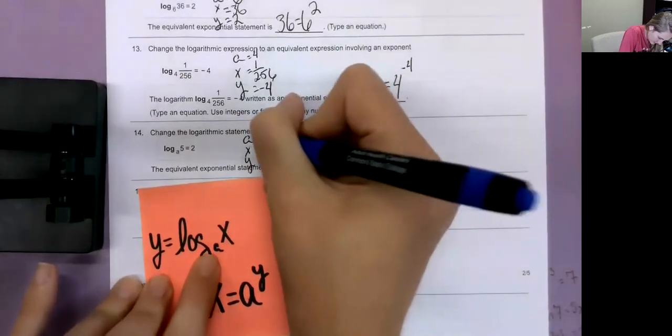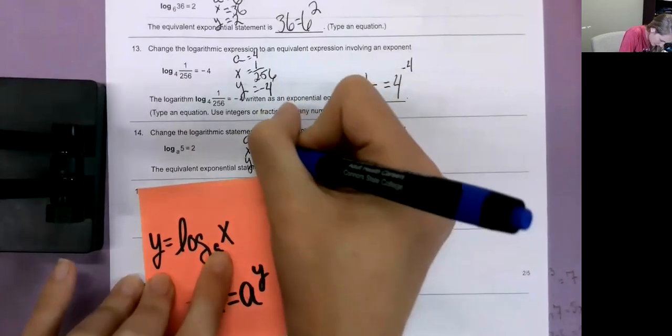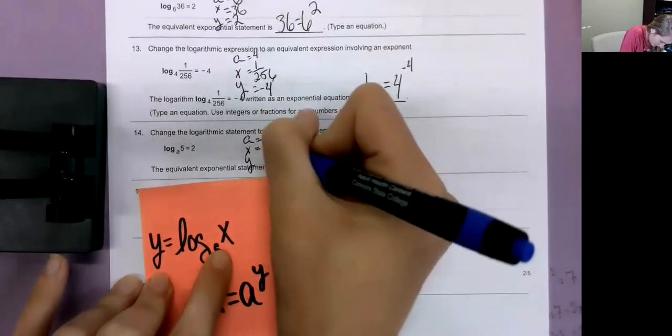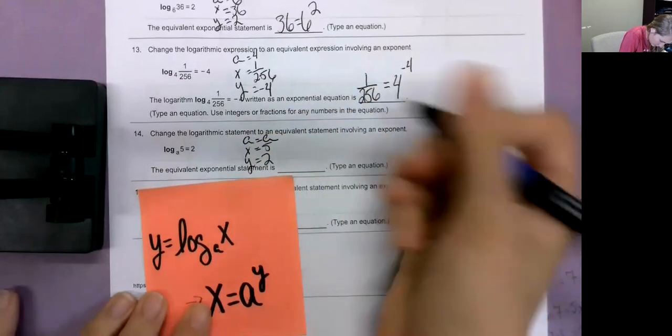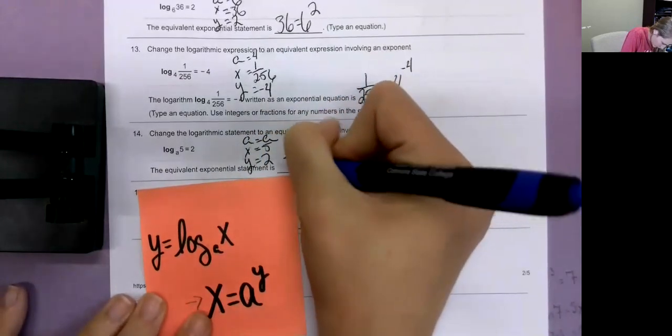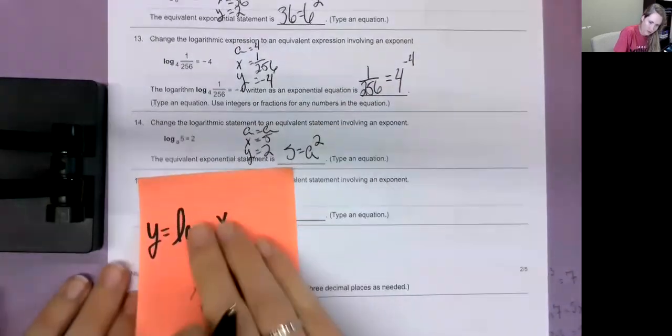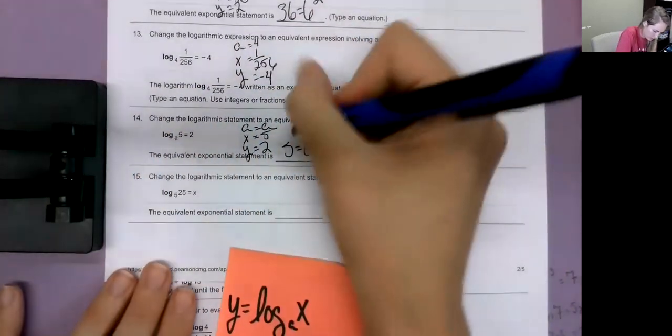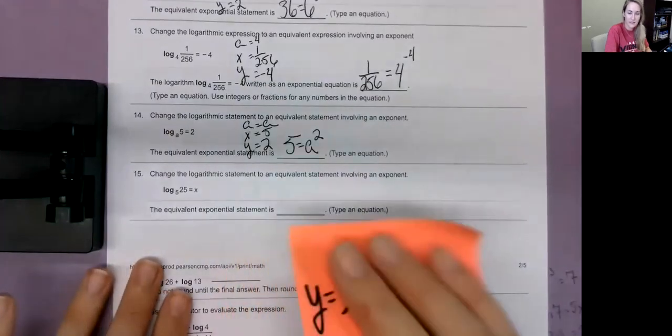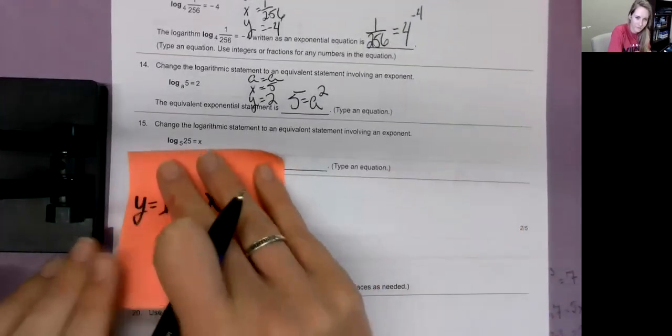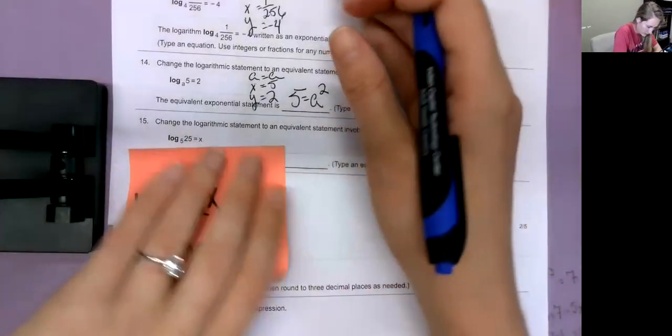Our a is a. Our x is 5, and our y is 2. So 5 equals a squared. That looks like a 5. It's in the way.